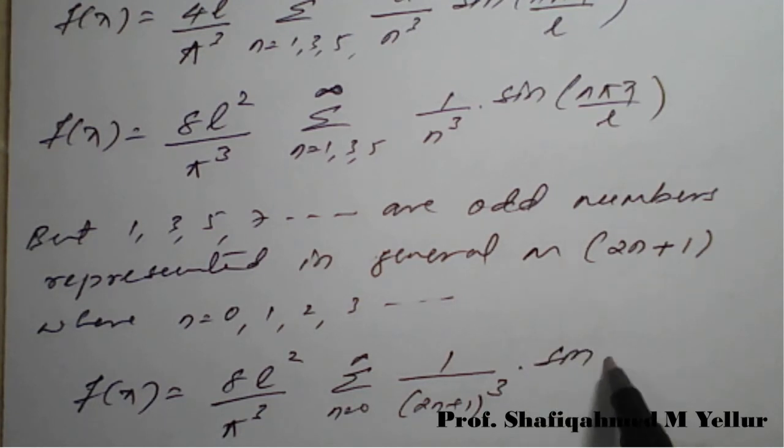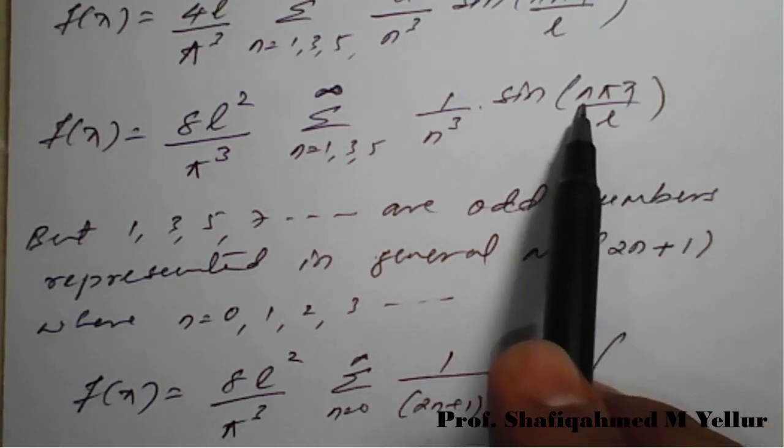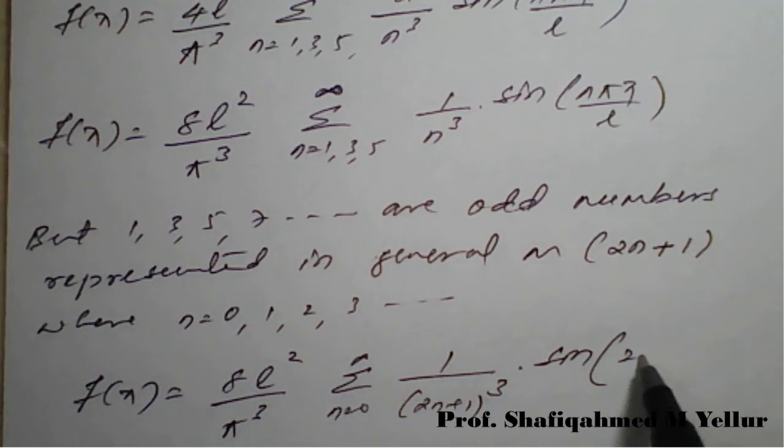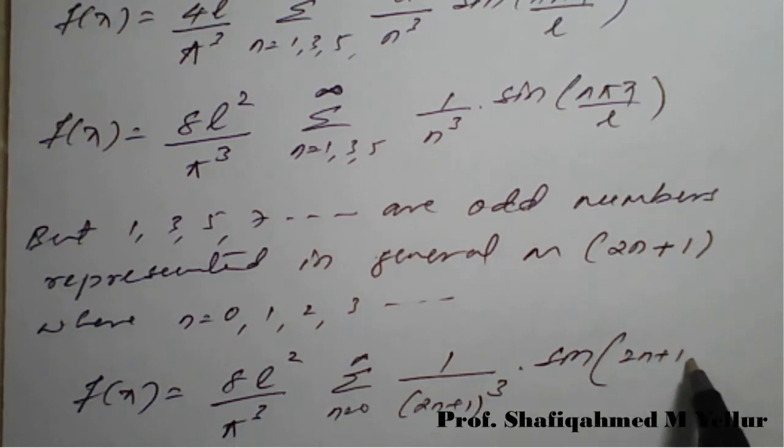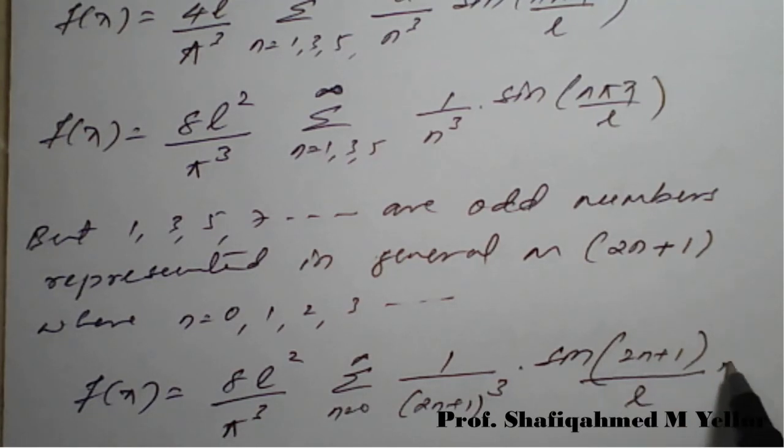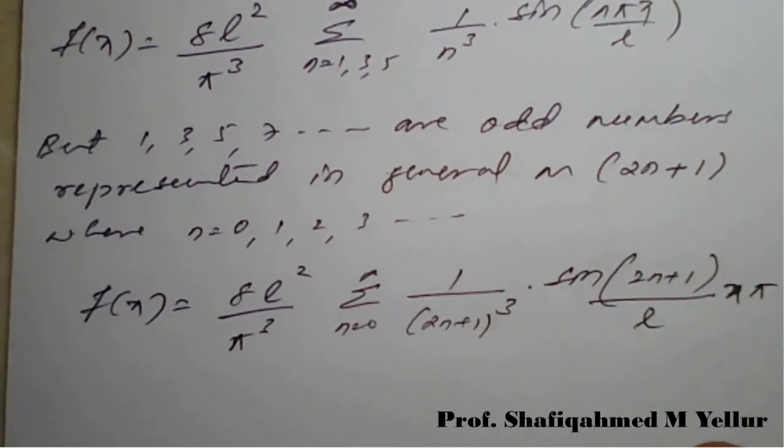So sine of 2n plus 1 divided by l into pi x.